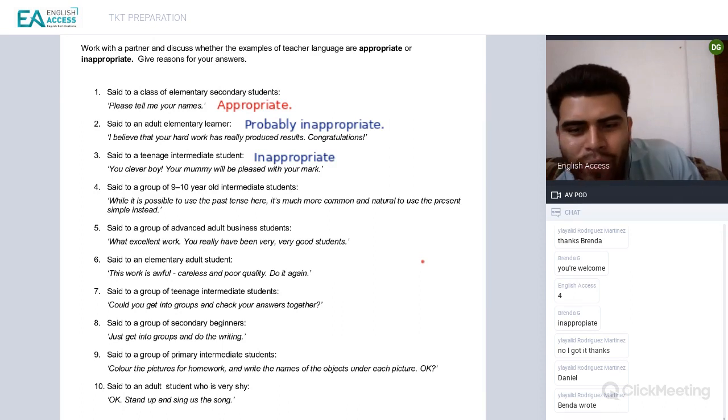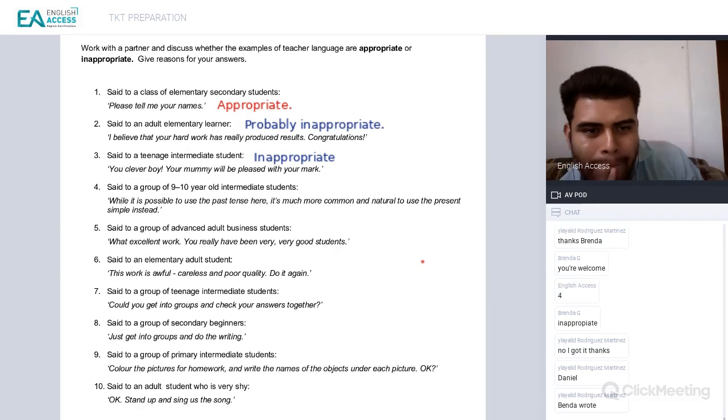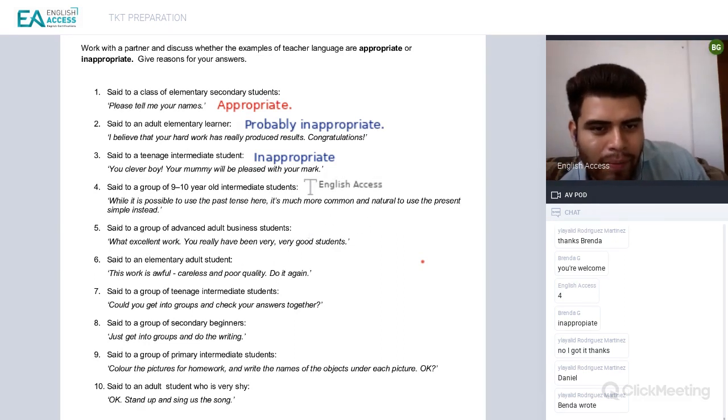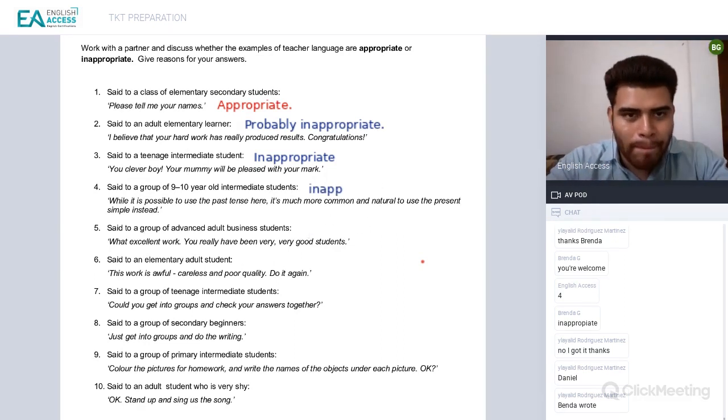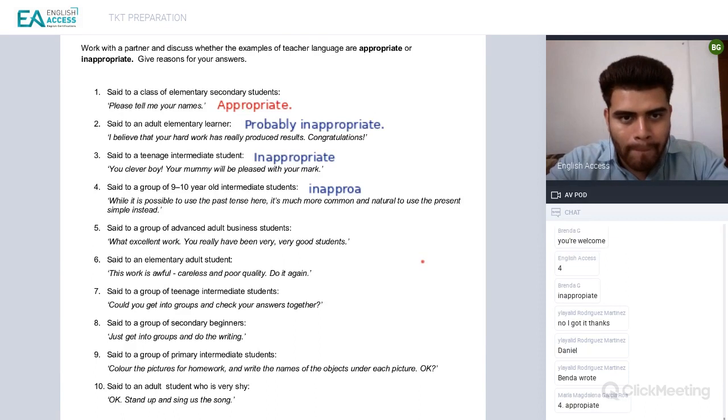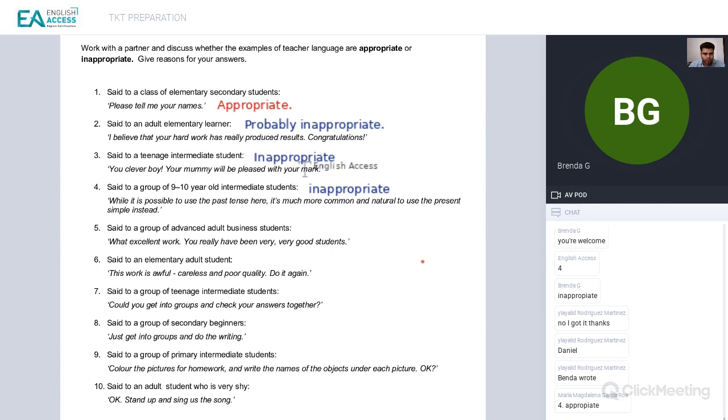Okay. Brenda, why do you say this is inappropriate? You are correct. But why do you say that? Because I think the instructions are very high level. I mean, the vocabulary is very high level for little kids of 9, 10 years old, and maybe I have already explained past tense, but not in those words.